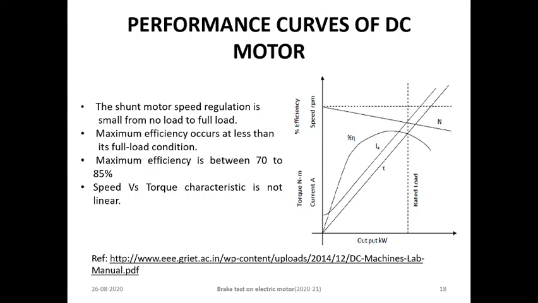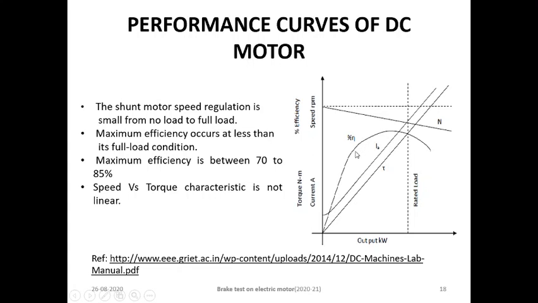So, the performance curve. Here I have shown the performance curves for efficiency, speed, current, and everything. I'll be focusing mainly on efficiency. If you look at the efficiency, it increases to a certain value and then starts decreasing.